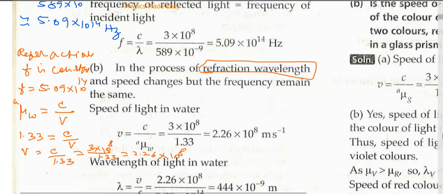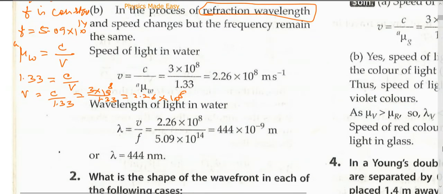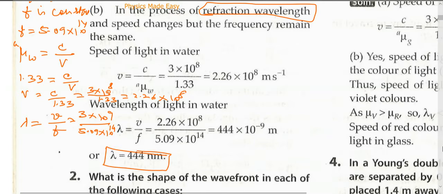And now from here we can calculate lambda. Lambda is equal to v by f. Fill the value of v, 2.26 into 10 raised to power 8, and then the value of frequency, 5.09 into 10 raised to power 14, and then we will get the value of lambda, which is found to be 444 nanometers.